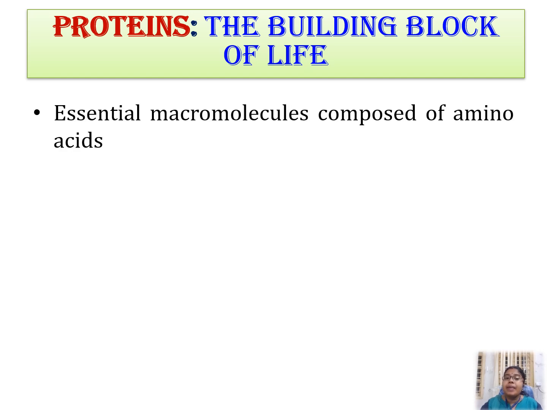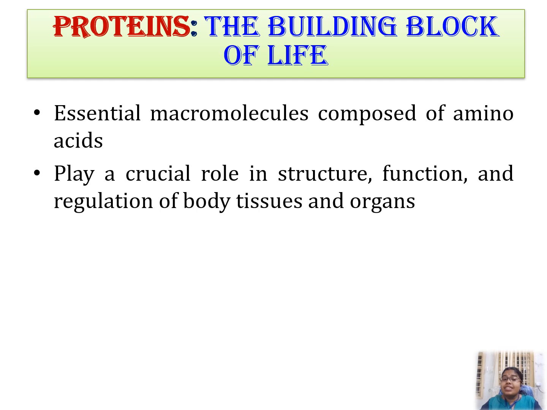Next, proteins. They are the building blocks of life, essential macromolecules that consist of amino acids. What is the difference between carbohydrates and proteins? Carbohydrates consist of carbon, hydrogen and oxygen, but proteins consist of carbon, hydrogen, oxygen and nitrogen. Proteins play a crucial role in the structure, function and regulation of body tissues and organs.